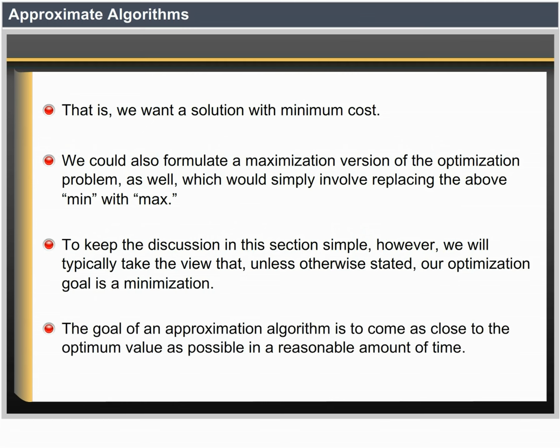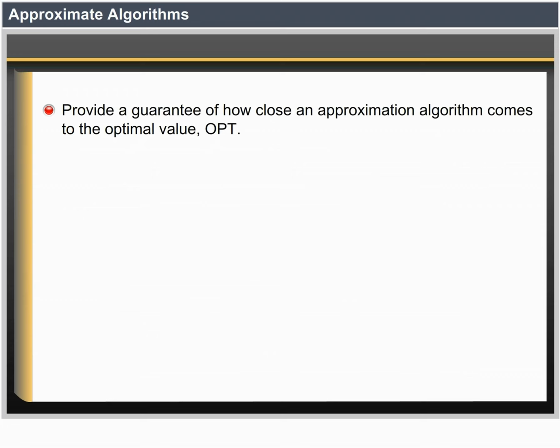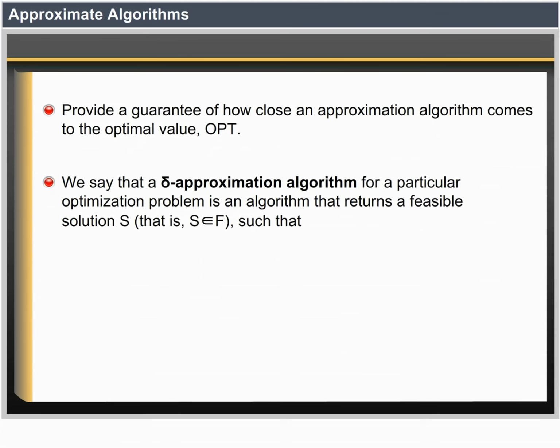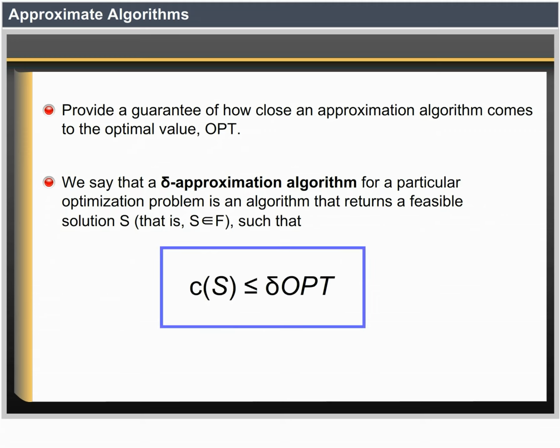The goal of an approximation algorithm is to come as close to the optimum value as possible in a reasonable amount of time, and to provide a guarantee of how close an approximation algorithm comes to the optimal value. We say that a delta approximation algorithm for a particular optimization problem is an algorithm that returns a feasible solution S, that is, S belongs to F, such that C(S) is less than or equal to delta times OPT for a minimization problem.